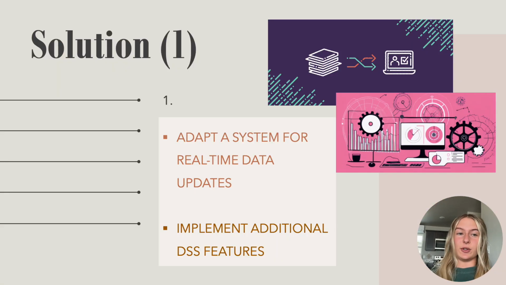On to the solution for that frustration. I believe Ellucian could adopt a system for better real-time data updates. As ChatGPT states, many technologies can help with pushing real-time updates, such as server-sent events.